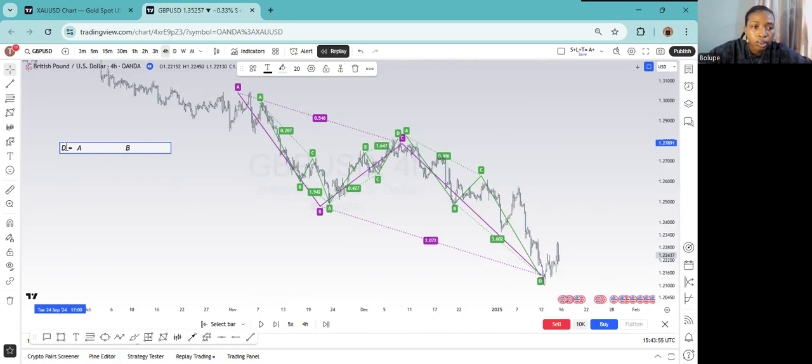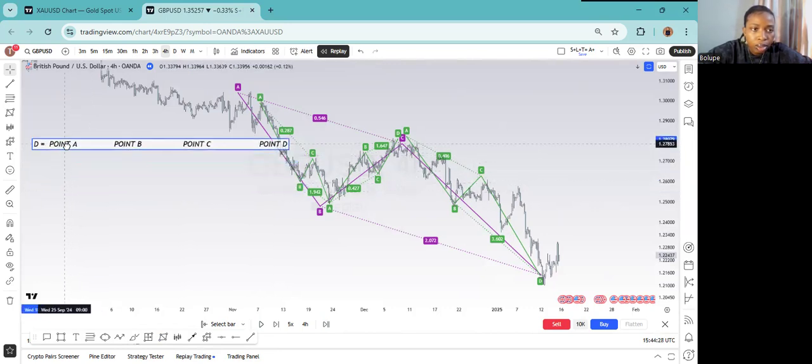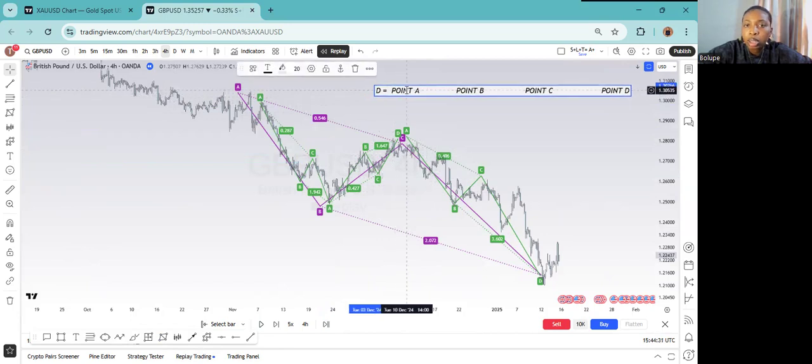Point A. Inside my course, I really do break this down, but I want to break it down as much here too. So let's put this here. That's on the daily. Point A to B is the impulse, right?